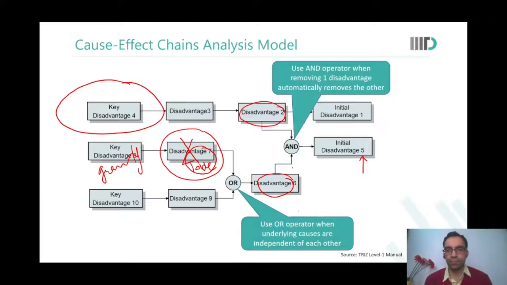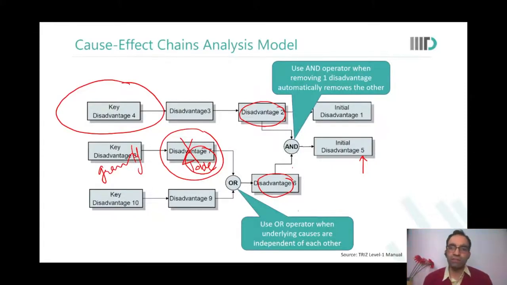Okay. Sir, here you are actually saying that key disadvantage 8 is not the only way to remove disadvantage 7. Yeah. It is one of the ways. But that was the most important, as you said. So everything was happening because of gravity.